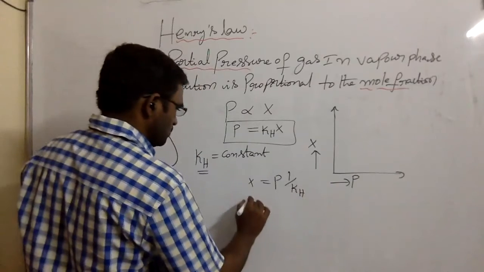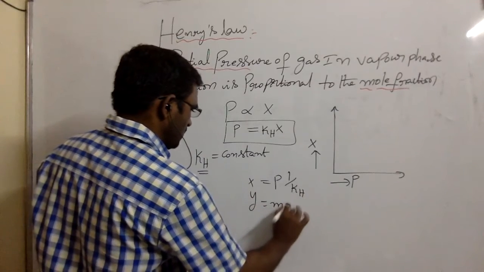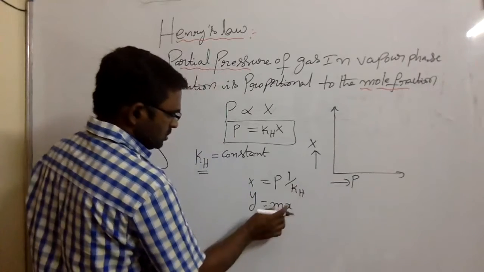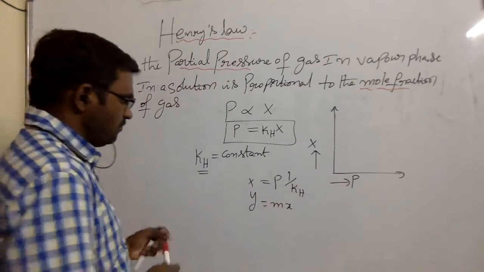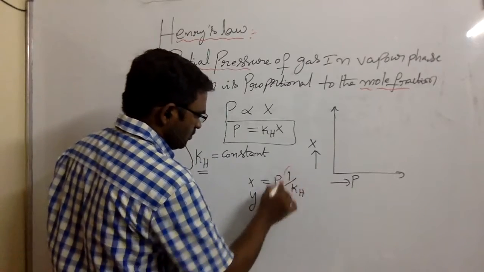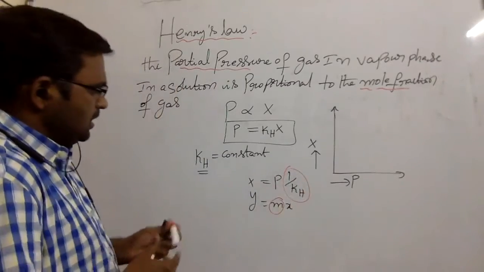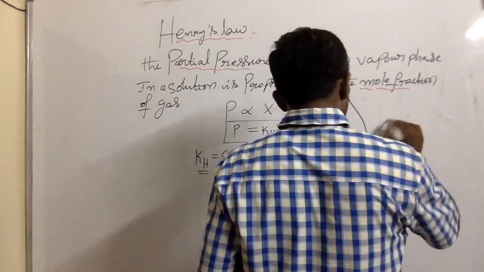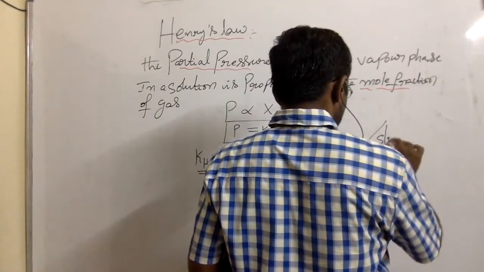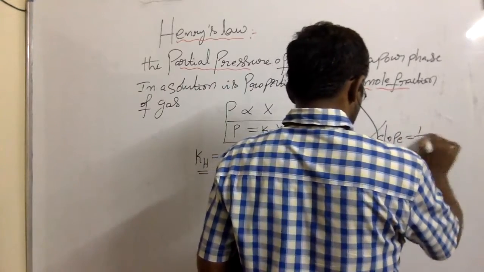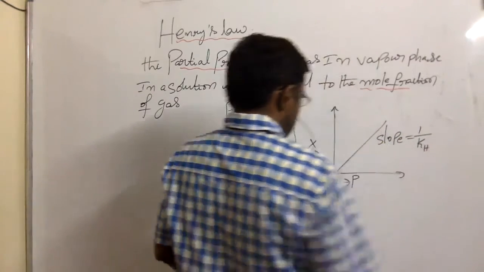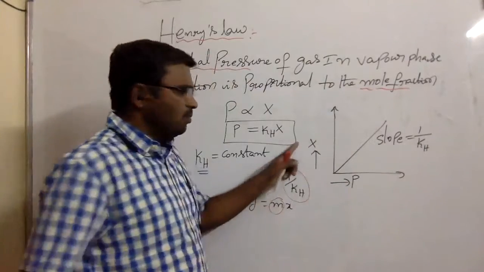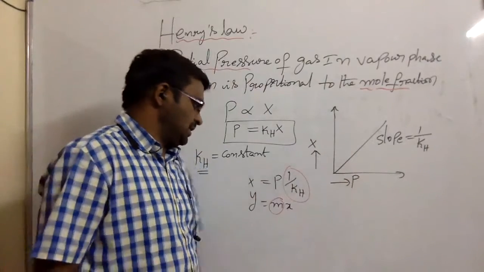Comparing this with the slope intercept form y equals mx plus c, here c, the intercept, is 0, and m, the slope, is 1 by Kh. So this line always passes through the origin, and the slope is equal to 1 by Kh. This is the graphical representation between mole fraction and pressure.